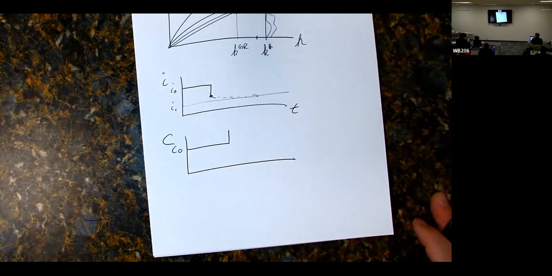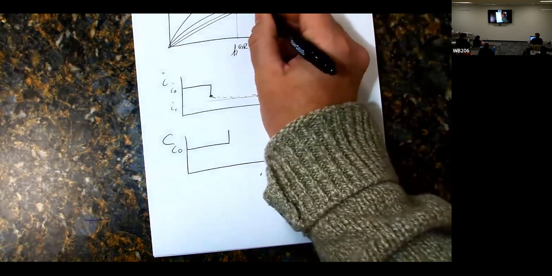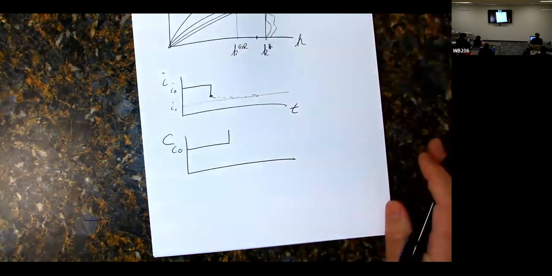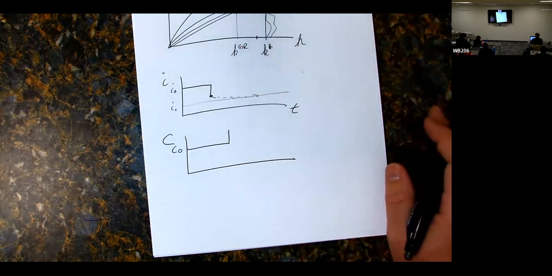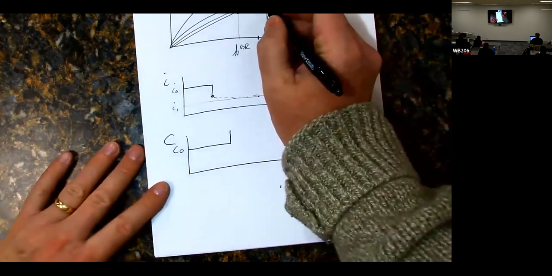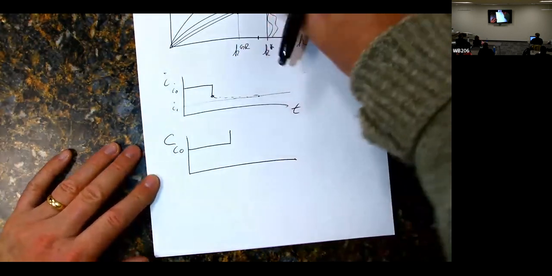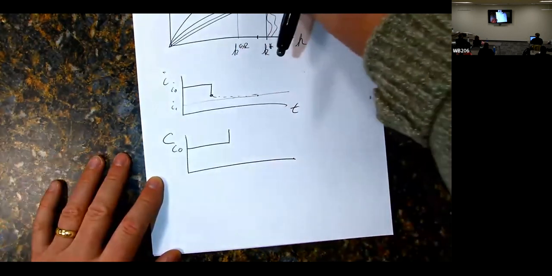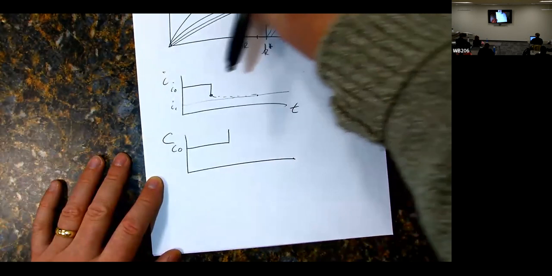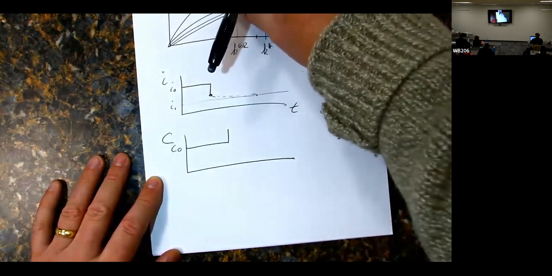As we move from here to here, what happens to consumption? It's going to decrease, okay? Because this gap between the savings line and the output line gets smaller as we move towards the steady state.